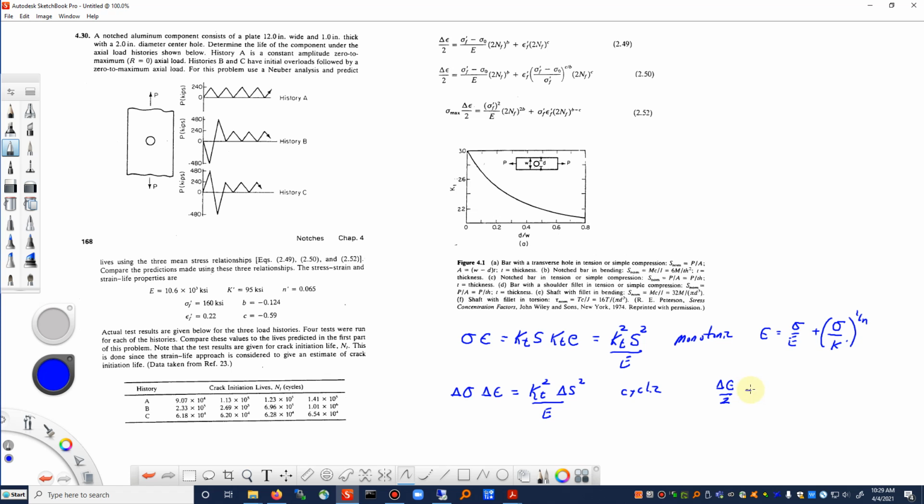Delta epsilon over 2 is equal to delta sigma over 2E plus delta sigma over 2K prime to the 1 over n prime power. Or if we solve this for the strain range, delta epsilon is equal to delta sigma over E plus 2 times delta sigma over 2K prime to the 1 over n prime power.